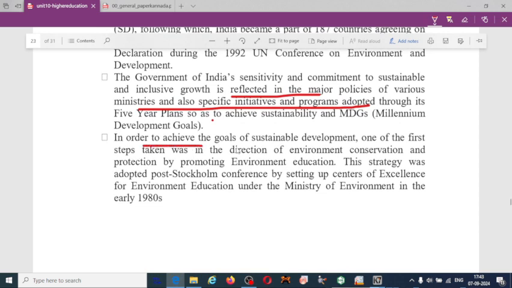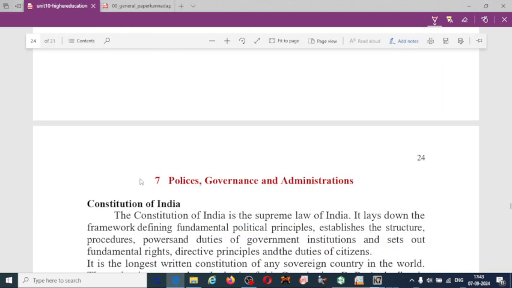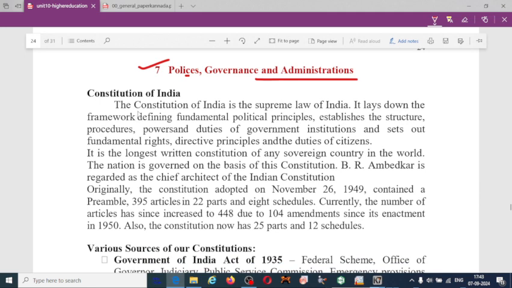In order to achieve goals of sustainable development, one of the first steps taken was in the direction of environment conservation and protection by promoting environment education. So the last topic is policy, governance, and administration. What are the policies? How does the government run, and what is the administration?